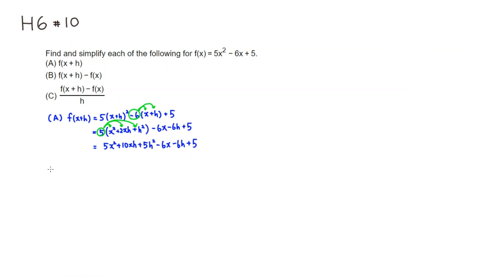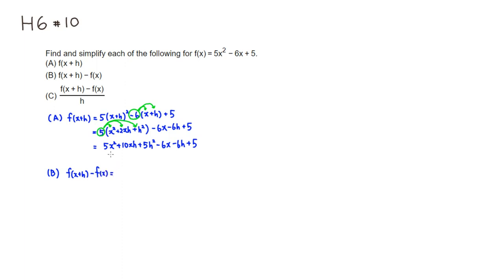Part B, we want to find, we actually already found f of x plus h. All we have to do is subtract the f of x from that. So we want to find f of x plus h minus f of x.